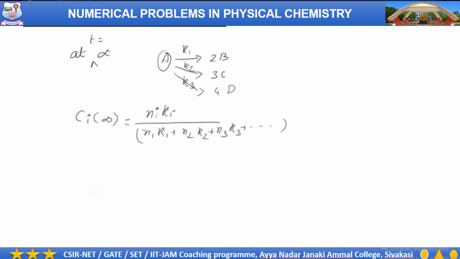This is the fraction of the concentration. If the initial concentration A0 is given, this gives the concentration obtained at infinity. What is the concentration of the B mode, the C mode, the ith mode? How much C, how much D can be obtained.